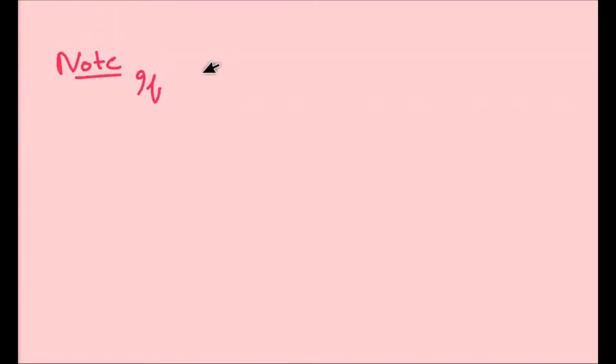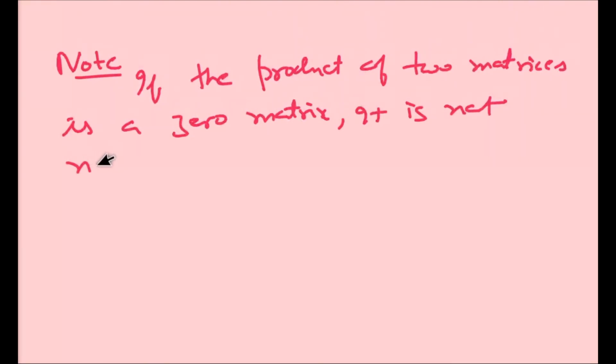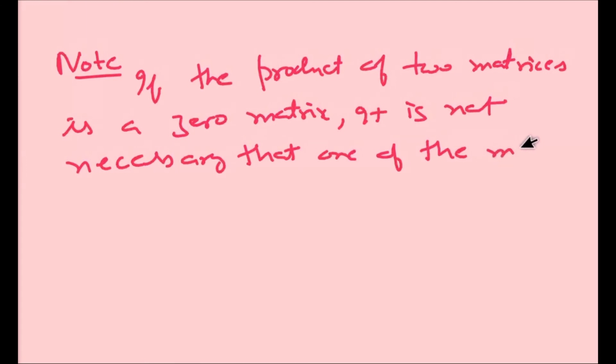If the product of two matrices is a 0 matrix, it is not necessary that one of the matrices is a 0 matrix.